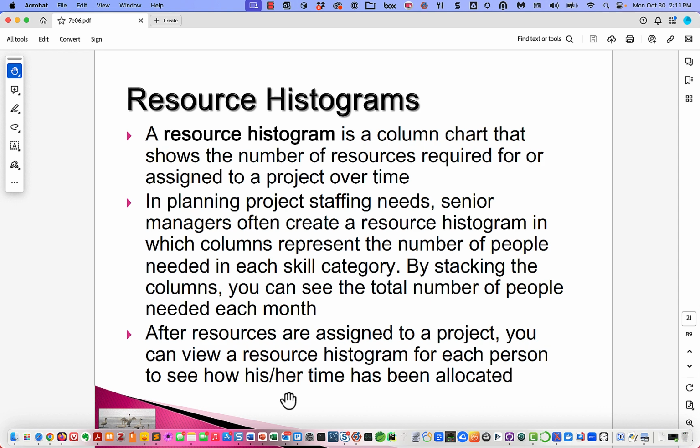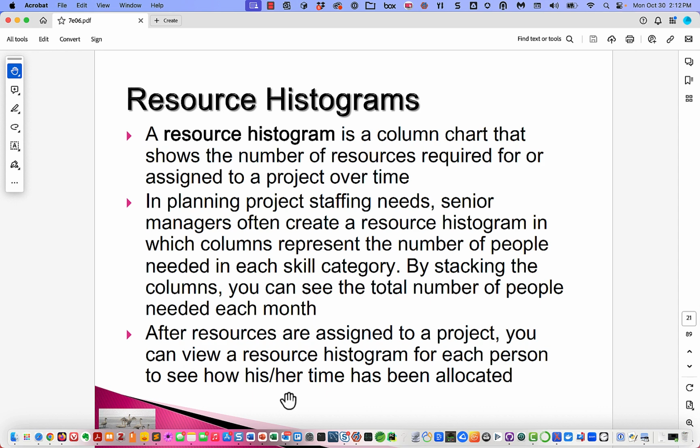That's typically people. But it doesn't have to be people. It could be conference rooms. It could be machines. It could be whatever, right?